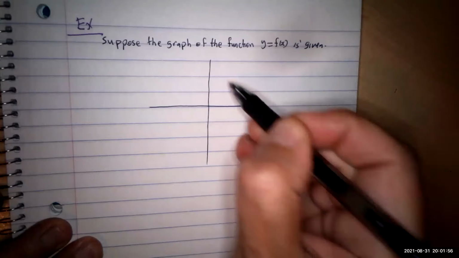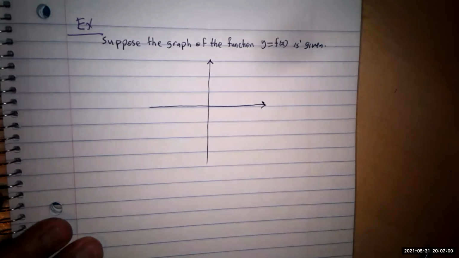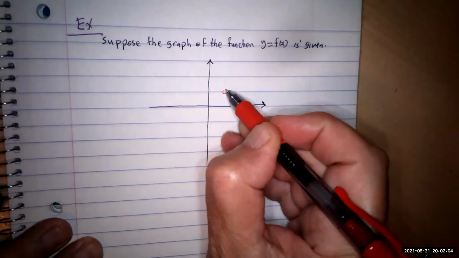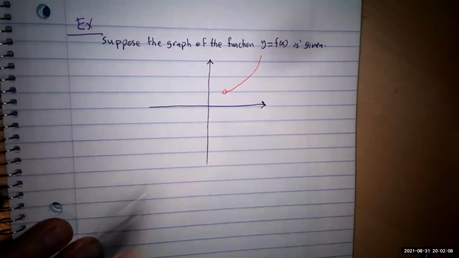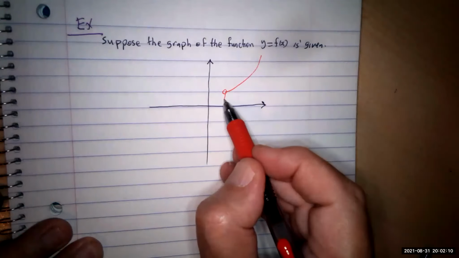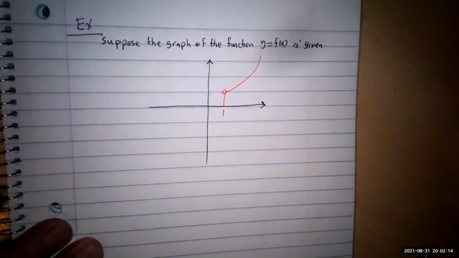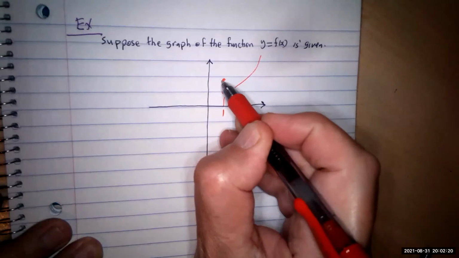Remember the piecewise defined function that we talked about the other night? This is that sort of example. Okay, so I have one piece of the graph is this one. Suppose this point is going to be 1. Then I have the other part of the graph. This is a solid point.